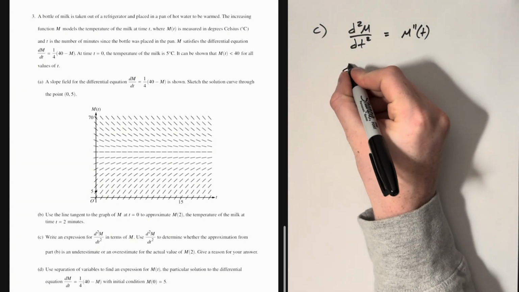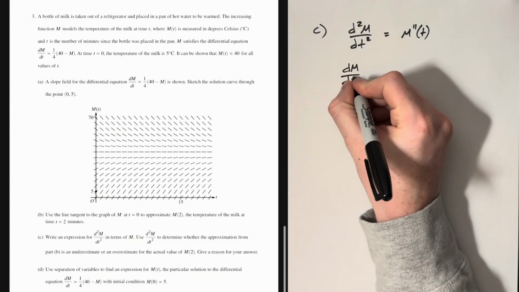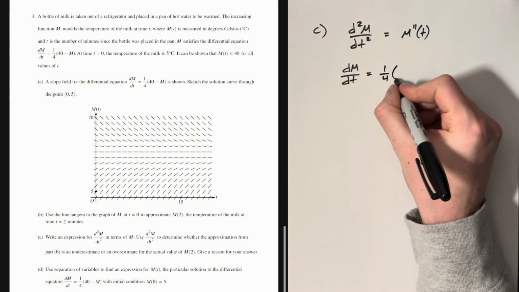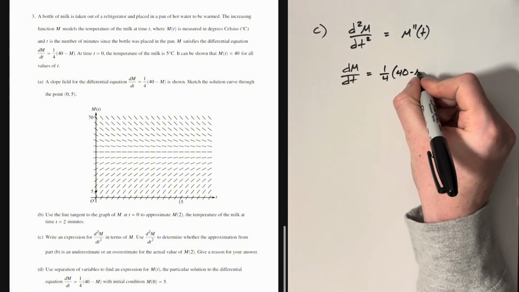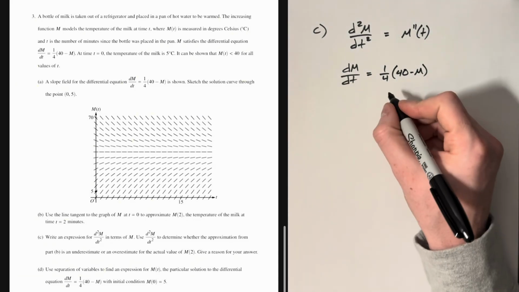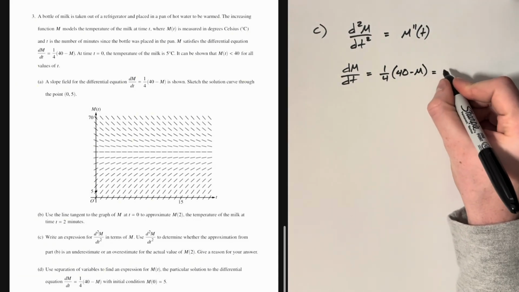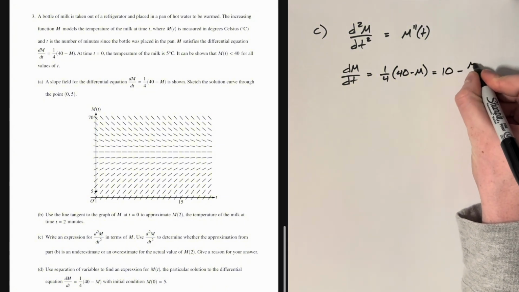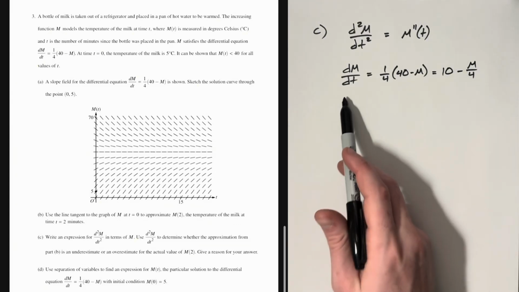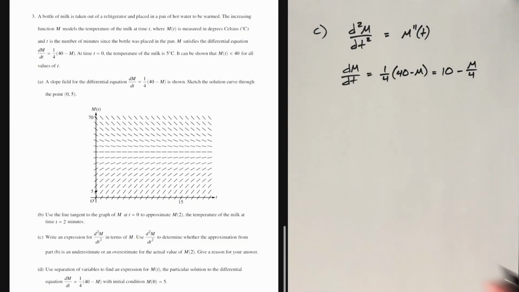Now we know that our first derivative, dm dt, is 1/4 times 40 minus m. I could also rewrite this, if I expanded it, as 10 minus m/4. So if I want to find the second derivative, I could just take the derivative of this equation, right?